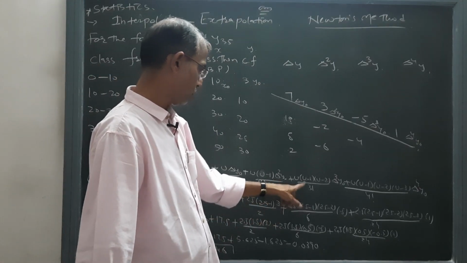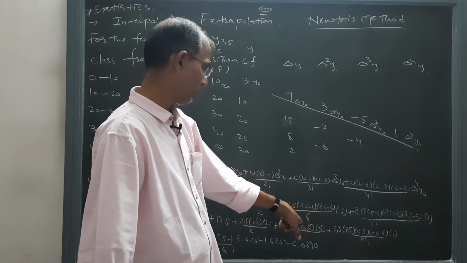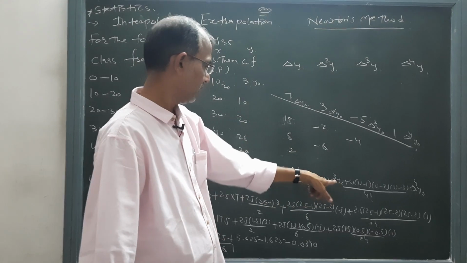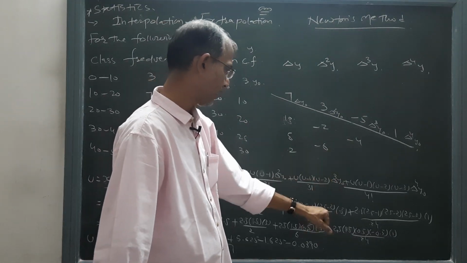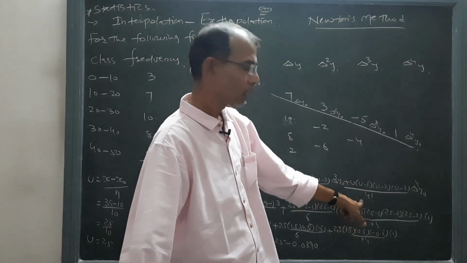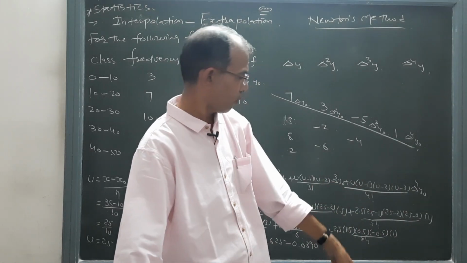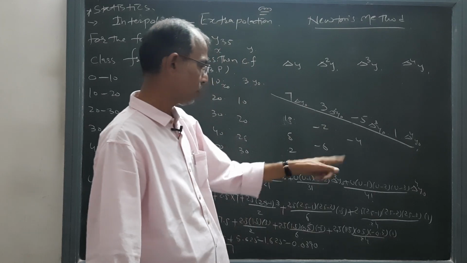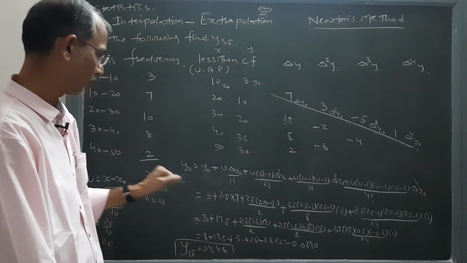So u minus 1, u minus 2 divided by 3 factorial, which is 6, into delta cube y0, that is minus 5, and u minus 1, u minus 2, u minus 3 divided by 4 factorial, that means 24, and delta raised to 4 y0 is equal to 1.